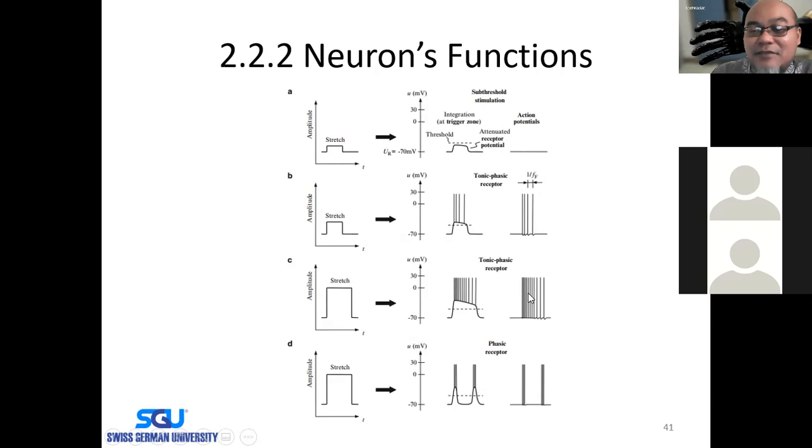The tonic phasic receptor, like in the biceps, at the ends of the muscle, measures this pulse when the amplitude is high.